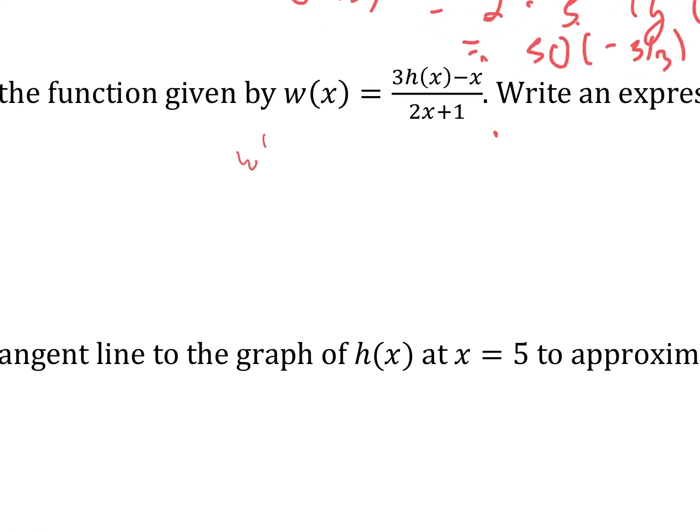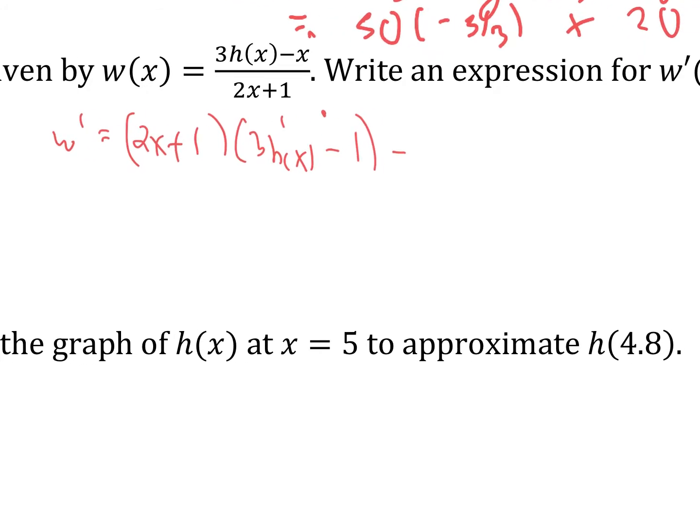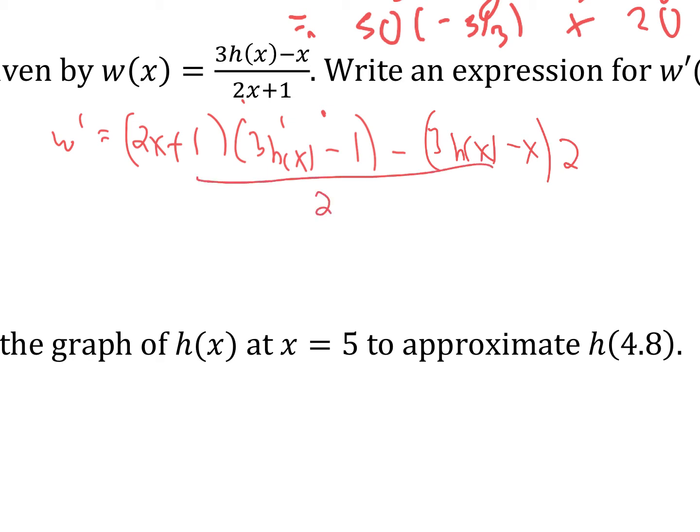So w prime is the bottom times the derivative of the top, 3h prime of x minus 1, because it's just an x, minus the top, 3h of x minus x, the whole thing, times the derivative of the bottom, which is just going to be a 2, 2 plus 0, all over 2x plus 1 all squared. Low d high minus high d low. D low means derivative of the bottom, over low low.